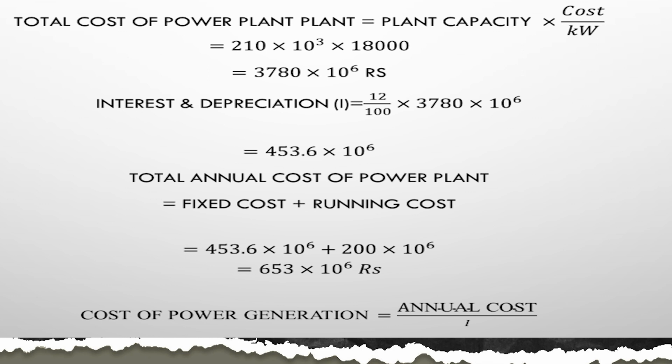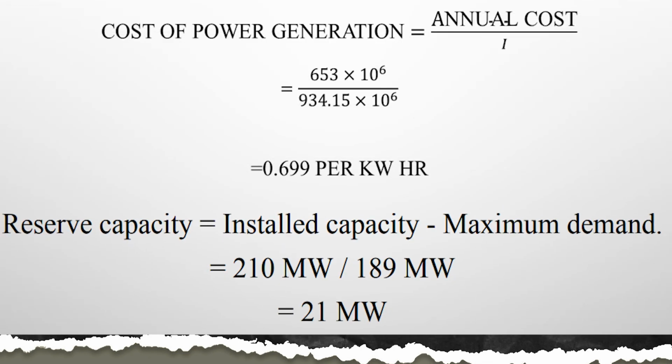So, with this I can write cost of power generation is equal to annual cost divided by energy produced. We have the annual energy produced value, that is 934.15 into 10 raised to 6.